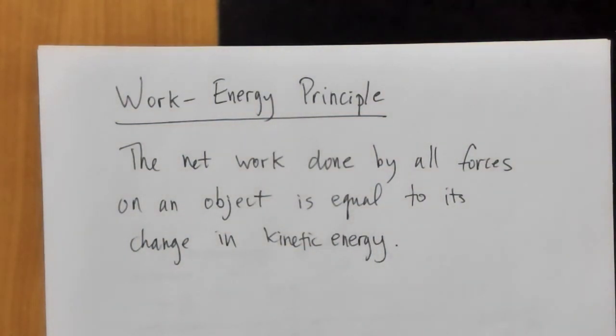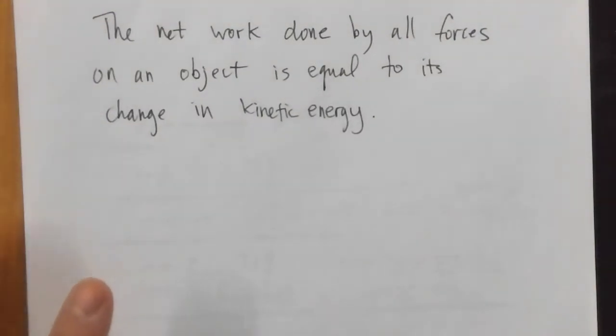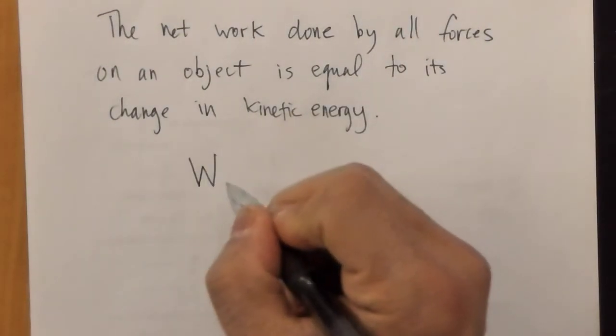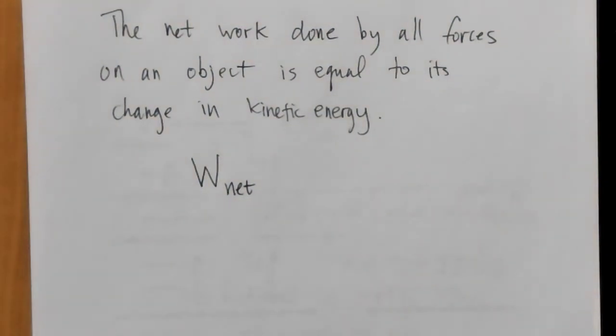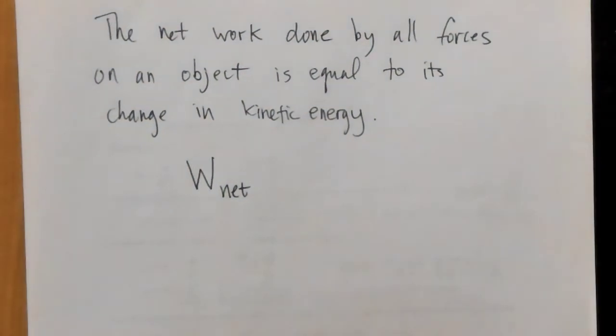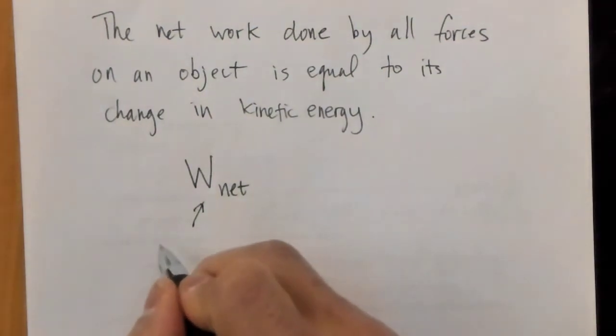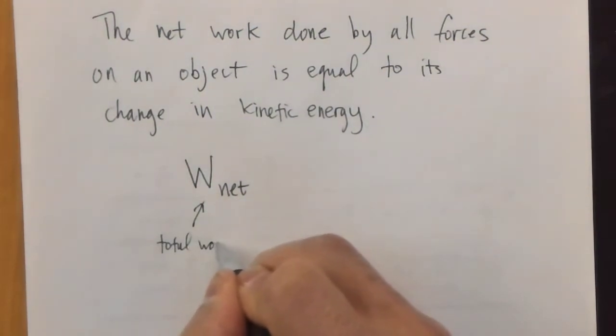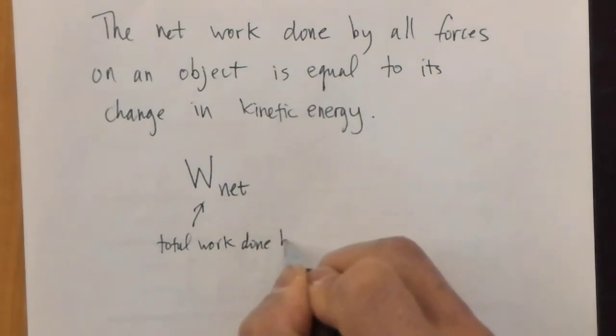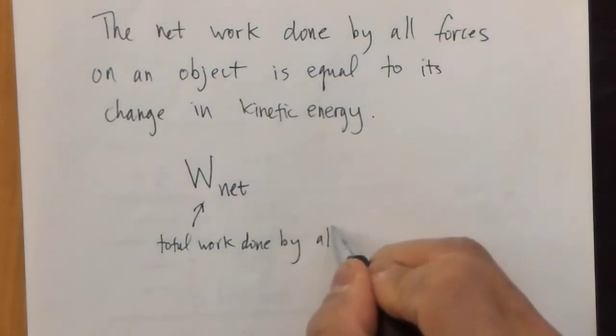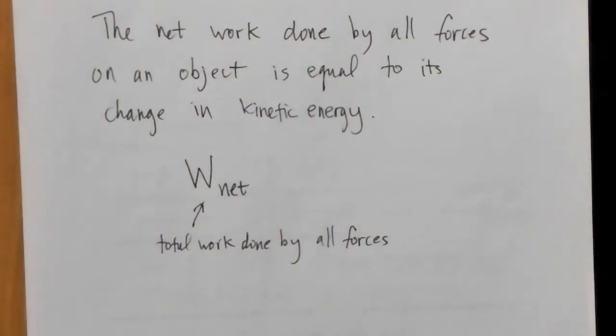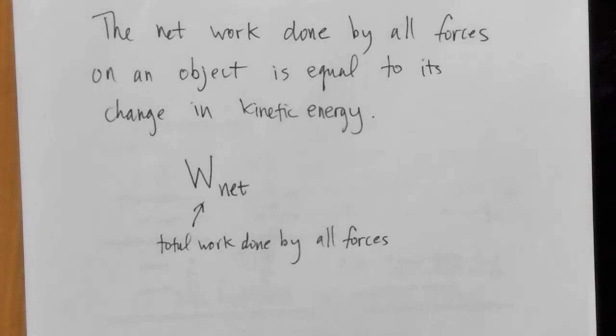Your book uses the symbol W sub ext for external, but I find it easier to just write W sub net. And that's the total work done by all forces. You say, how much work did force 1 do? How much work did force 2 do? How much work did force 3 do? And you add them all together. Because work is not a vector, it's just a scalar, you can just add them together.